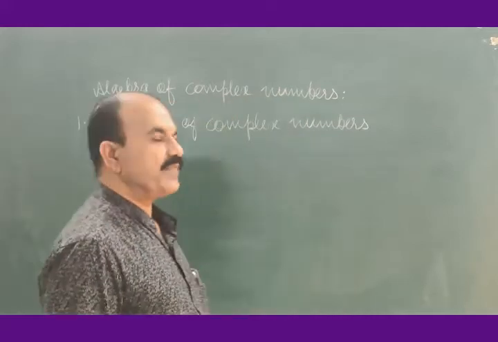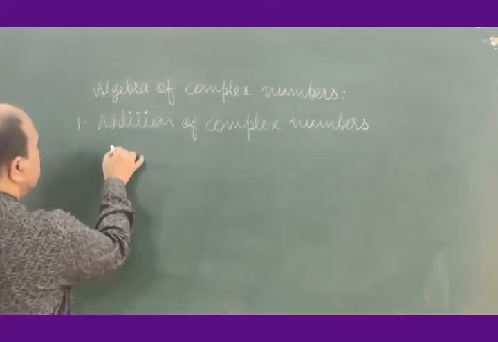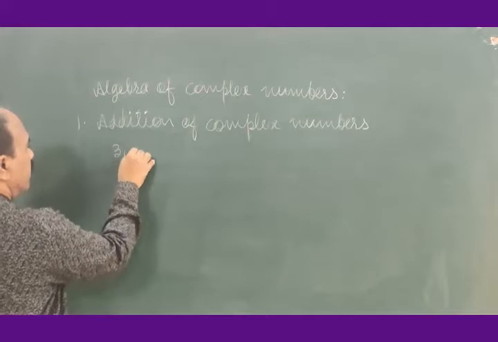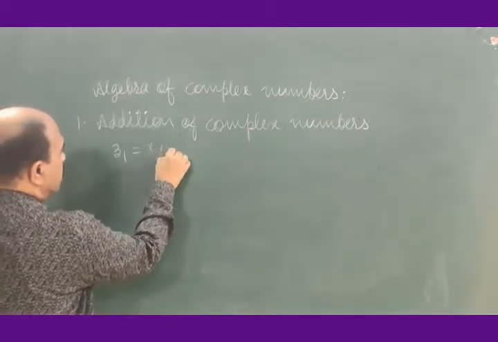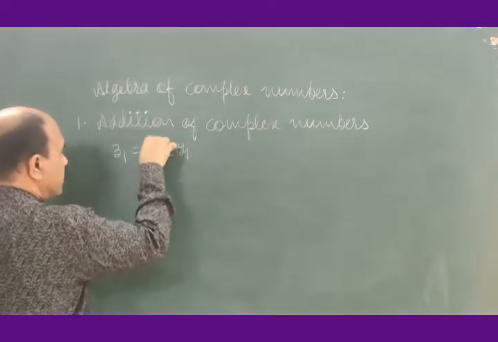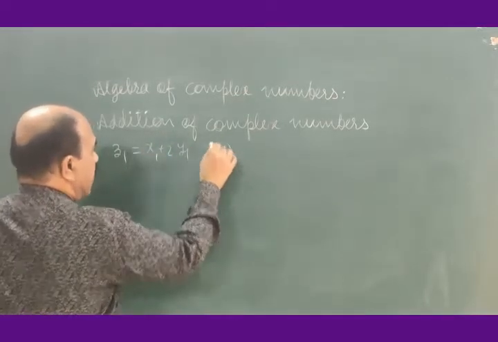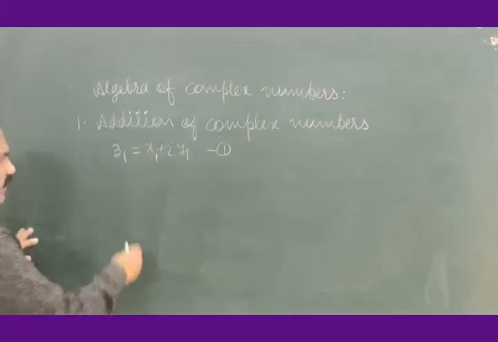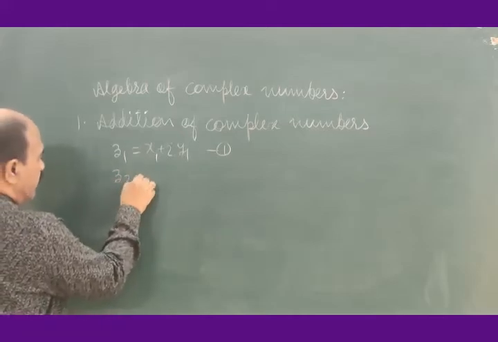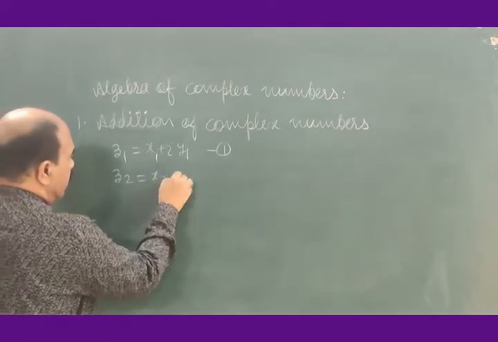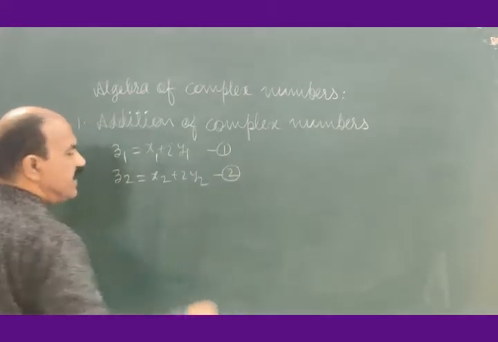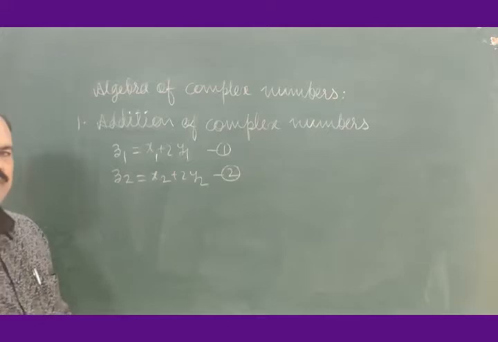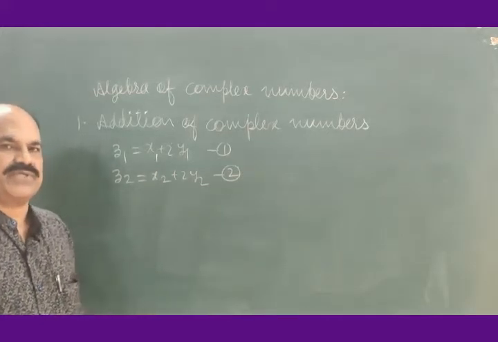For example, let us consider Z1, first complex number, given as x1 plus iy1, equation number 1. Second complex number, Z2, is equal to x2 plus iy2, equation number 2. We are given two complex numbers.